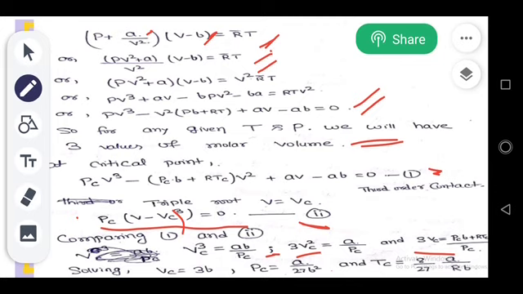So solving this, you will get Vc is equal to 3B, PC is equal to A divided by 27B square, and Tc is equal to 8 divided by 27 A divided by Rb. Okay, so please keep this in mind. These are the critical parameters: critical volume, critical pressure, and critical temperature. So these parameters were evaluated in terms of the characteristic constants A and B.